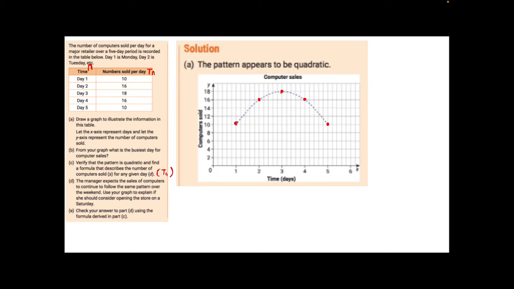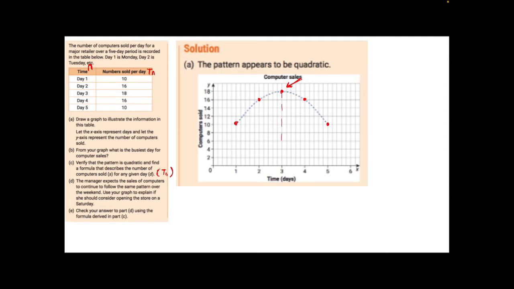Okay, so part B, from your graph, what is the busiest day for selling computers? So what's the busiest day for computer sales? Well, we can see that the most computers sold was 18. So this is the top of your graph. That's the maximum point of your graph. So when did this value occur?